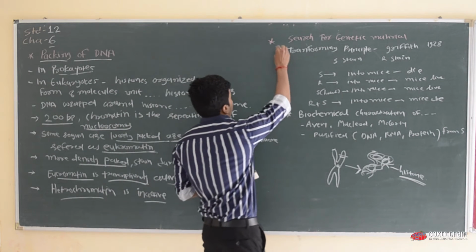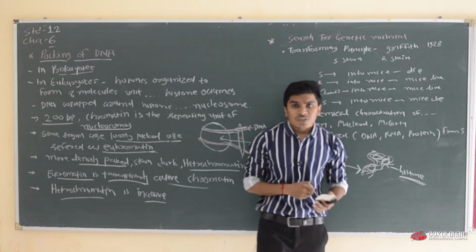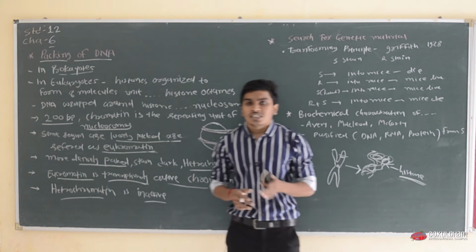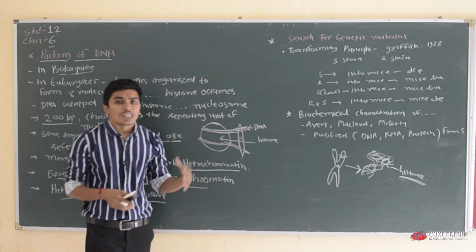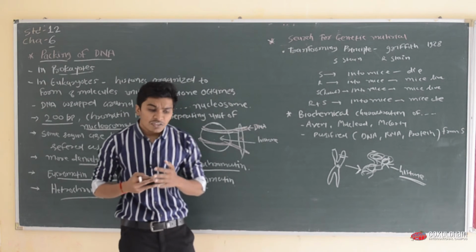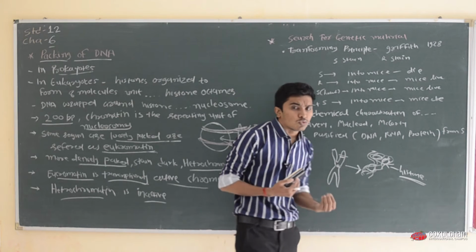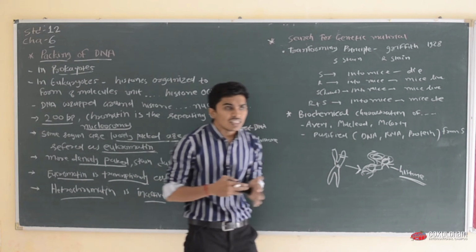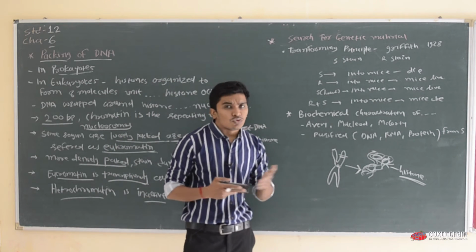Now the next point is the search for genetic material. During early times, we knew that something is passing from parents to offspring, and as Mendel said, some factors are present in the cell or nucleus which are responsible for the transfer of a particular trait or character. People at that time were very interested to know which kind of structure is responsible for the transfer of this trait from parents to their offspring, or from one generation to another. At that time people thought that the structure of protein is very complicated, so they thought that protein is responsible for the transfer of traits from one generation to another.